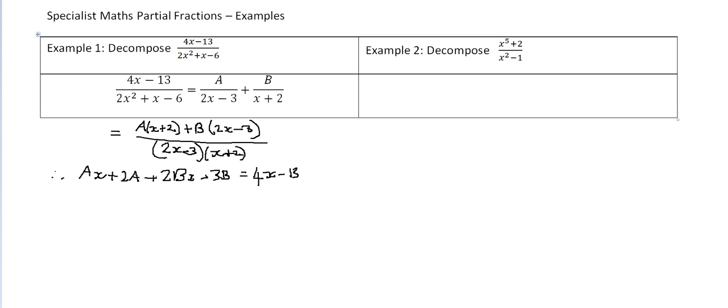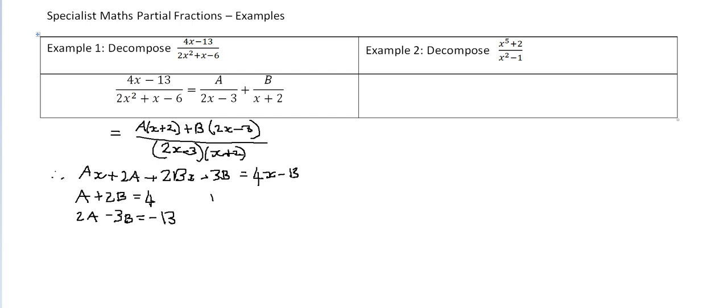Okay, so we need to equate the coefficients here. So we're going to get two simultaneous equations. We're going to get a plus 2b equals 4, equating the coefficients of the x's, and then equating the constant terms, we're going to get 2a minus 3b equals negative 13.